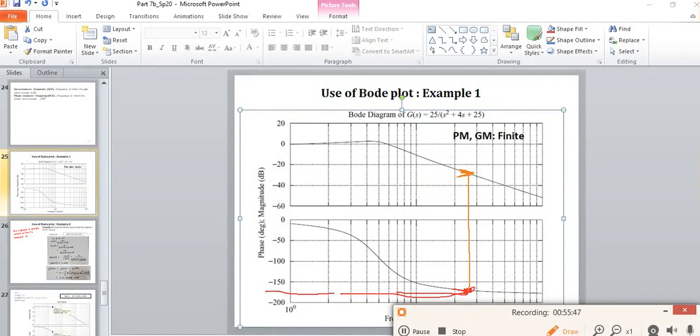At this point, decibel will be about minus 30 roughly. Now is it positive or negative? Since the point of meeting the gain curve is minus 30, which is below 0 decibel, this is a positive gain margin, and the gain margin is roughly 30 decibels.